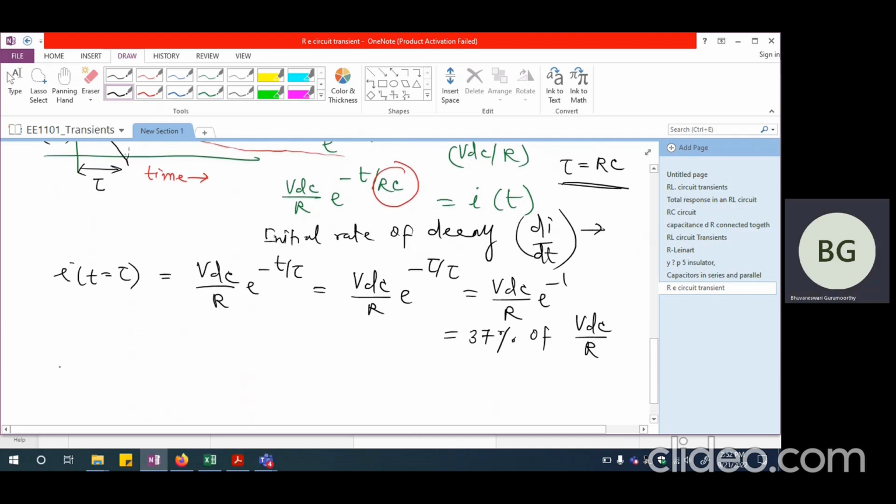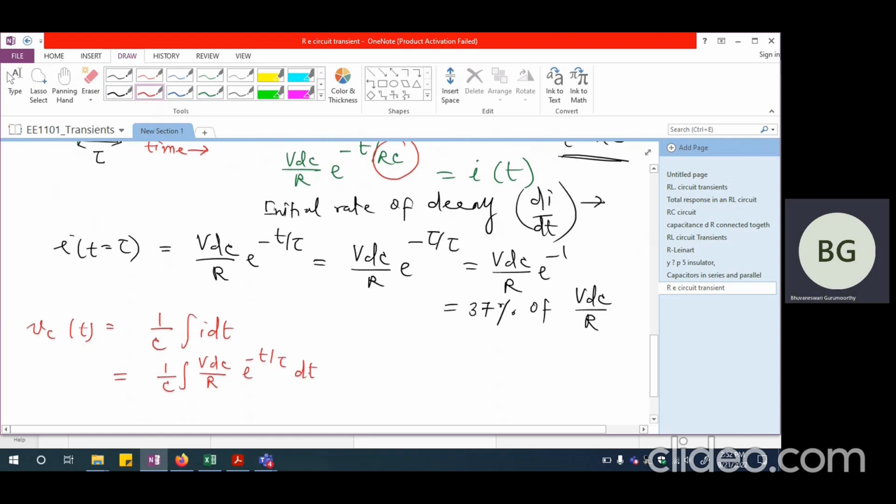Now, what is the voltage across the capacitor? We already wrote the expression as 1 by C integral i dt. So this is 1 by C integral of VDC divided by R into e power minus t by tau dt. This is going to be the expression for Vc of t.